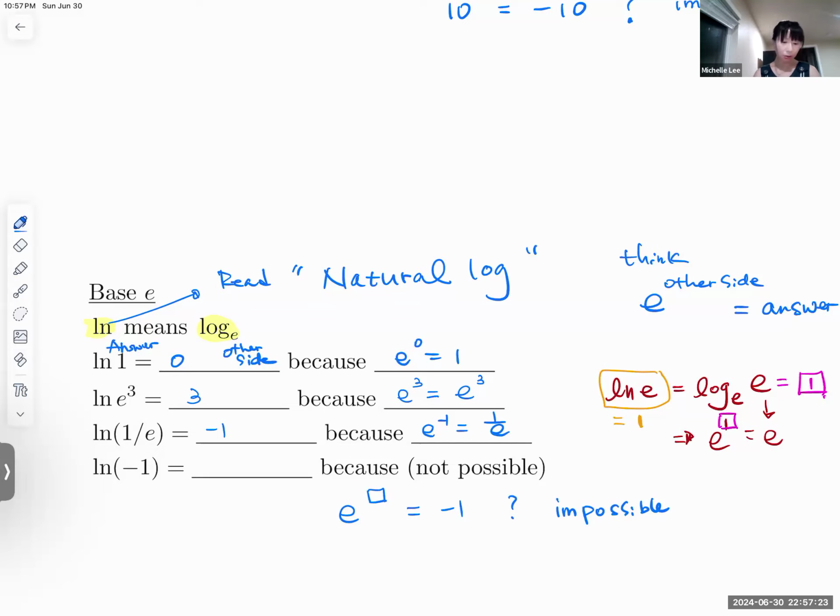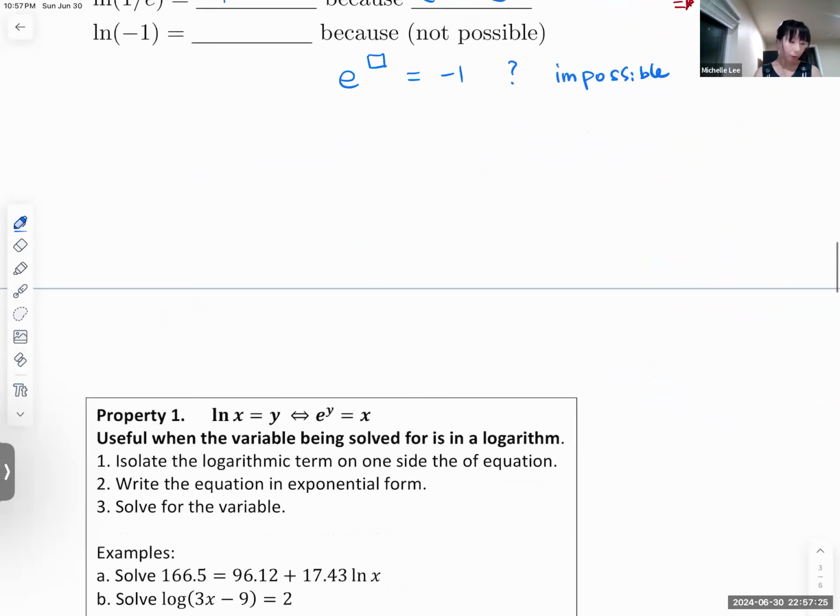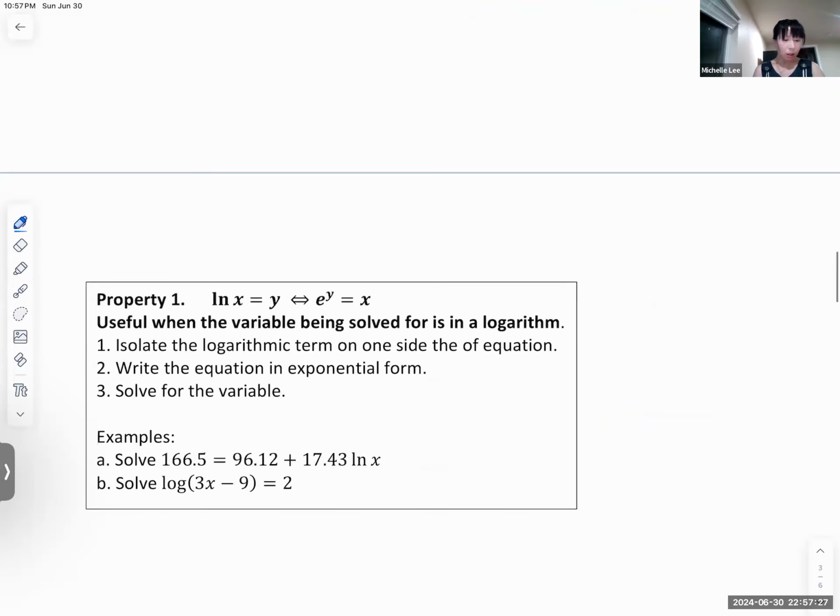Okay, now we have a property. Natural log of x equal to y is the same as e to the y power equal to x. So think about this. This is base e, right? So the other side gives the answer, right?